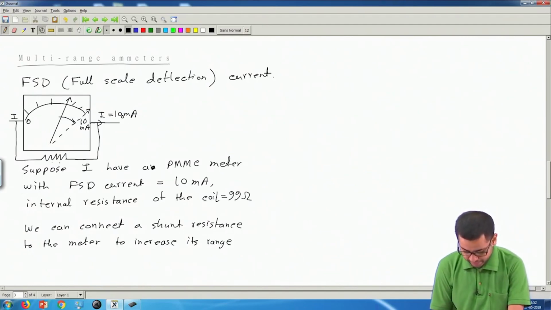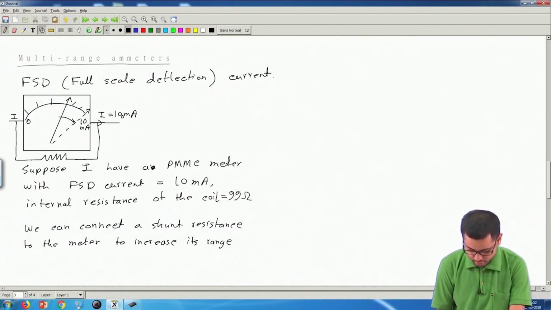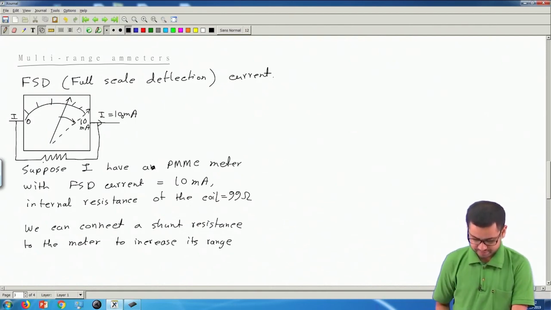So we can give a parallel route for the excess current to flow through this shunt resistance.